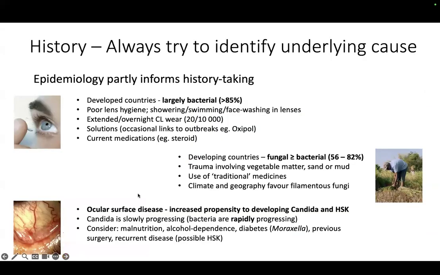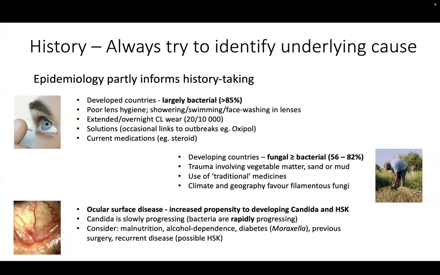As with any kind of infective cause, have an idea why they've got an infection. Is it just because they're wearing contact lenses, or is their lens hygiene poor? Are they on any medications? Contact with vegetable matter, things like that, particularly in developing countries.